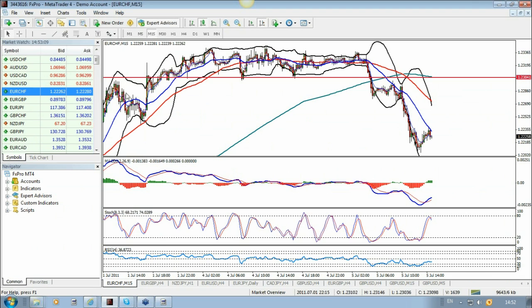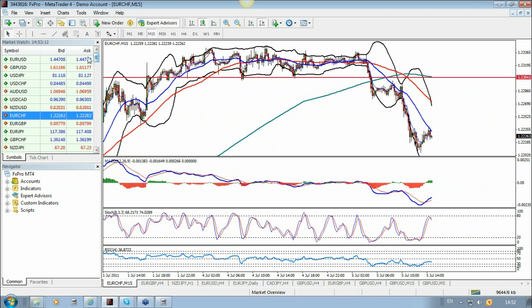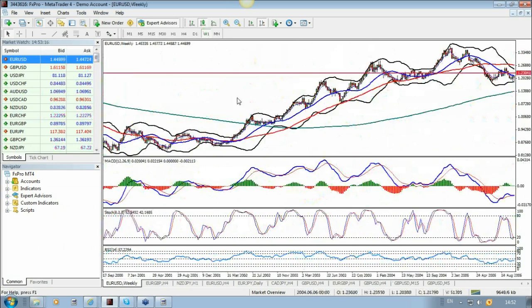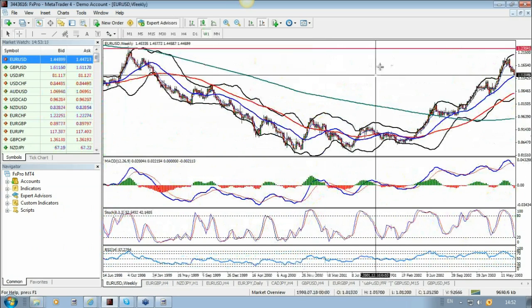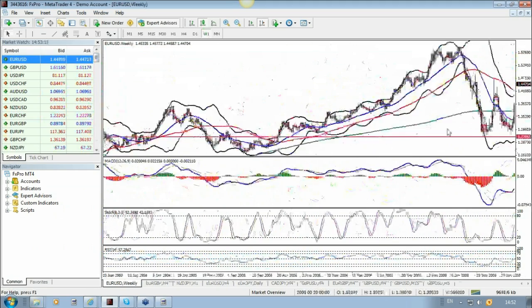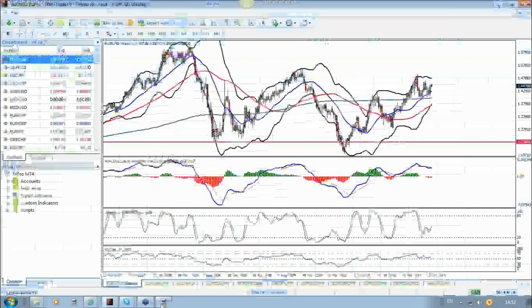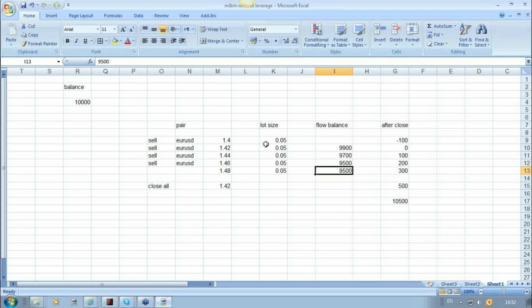You can't find any pair on weekly chart without circles. You just can't. It always moves in circles. Always. Each pair. Sometimes the circles are very long. It could take 1 year, 2 years. But at the end, the circles will happen. And you will profit with that.